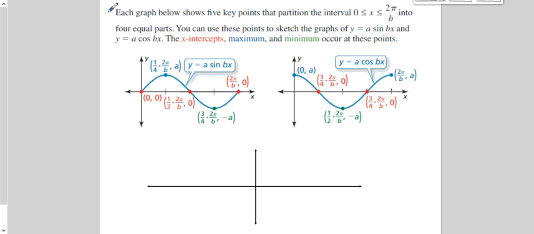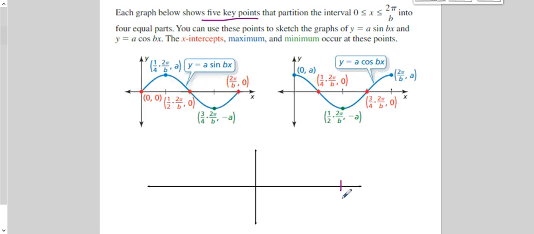Each graph below shows 5 key points that partition the interval into 4 equal parts. You can use these points to sketch the graphs of y equals a sine bx and y equals a cosine bx. The x-intercepts, maximum and minimum, occur at these points. So basically, we memorize the shape.